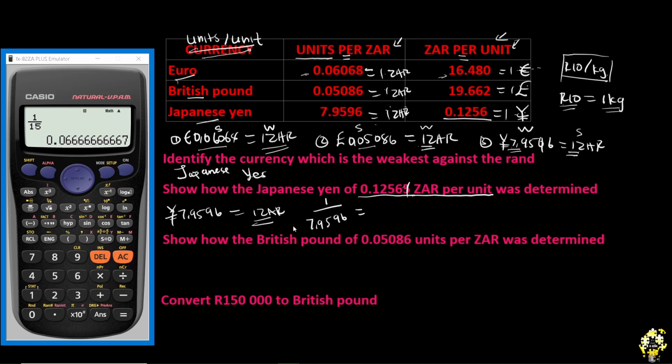It should get us this. Not exactly because they've rounded it off, but it's what we are going to get. See, told you. We get 0.1256 and then other digits which they have rounded off. It's the same. So that's how they calculated this.